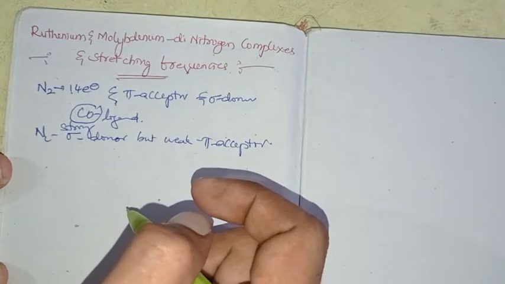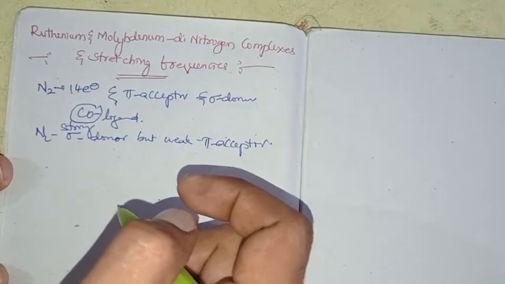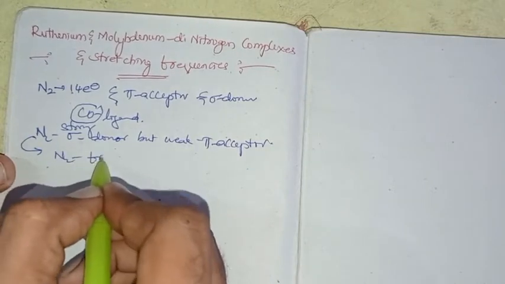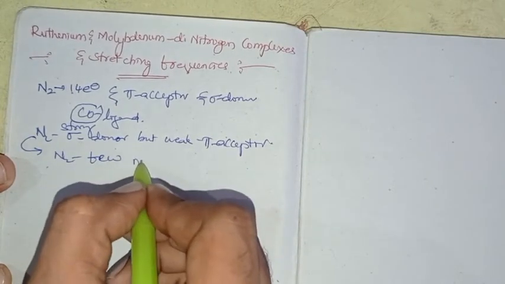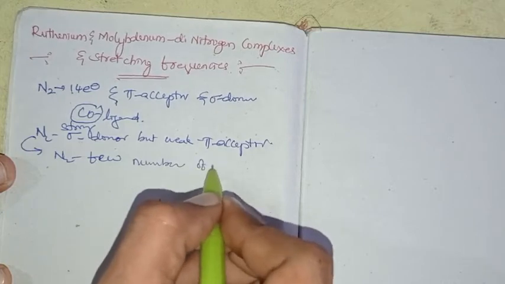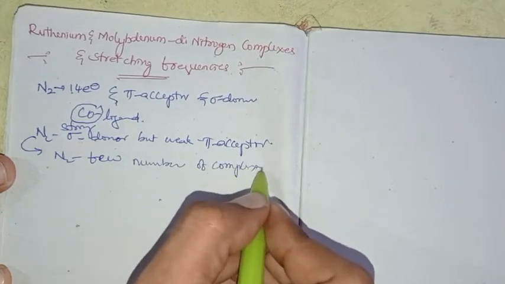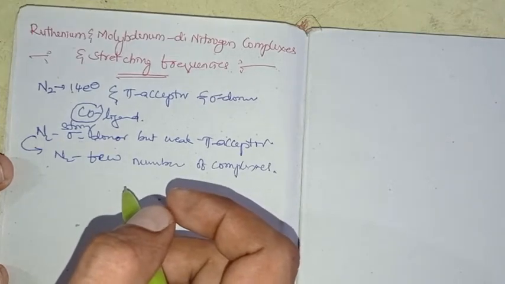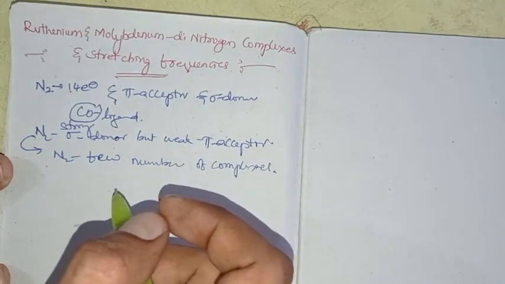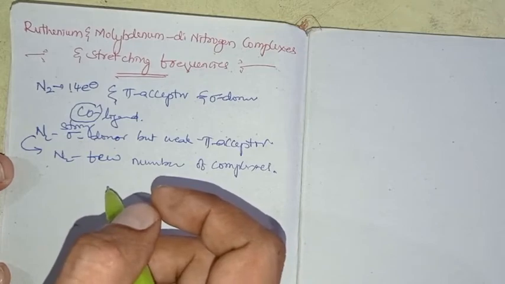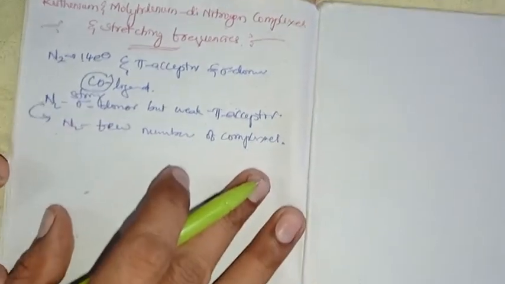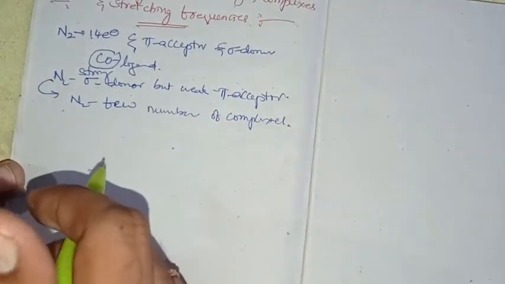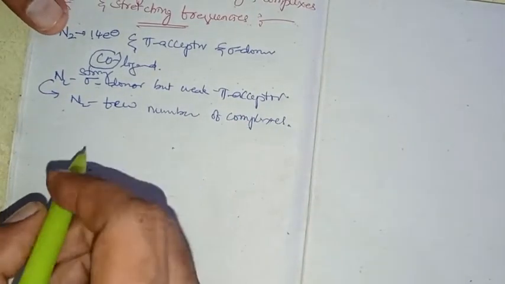This slight difference between carbonyl and dinitrogen means that dinitrogen has only a very few complexes, rather than carbonyl, which has a bunch of complexes. Among these, the ruthenium and molybdenum complexes are very important.